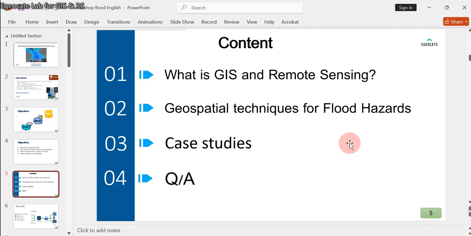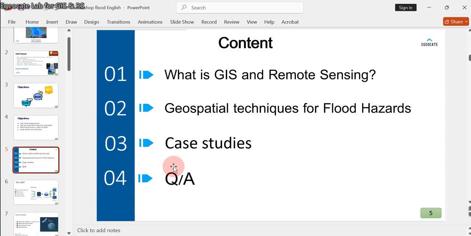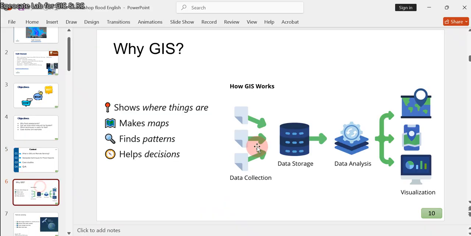How can we use remote sensing? What are the applications of these in flood hazard monitoring? In part 3, we will give you some case studies, some examples, and in the final part, there will be a question and answer session, so if you have any questions, we will answer.